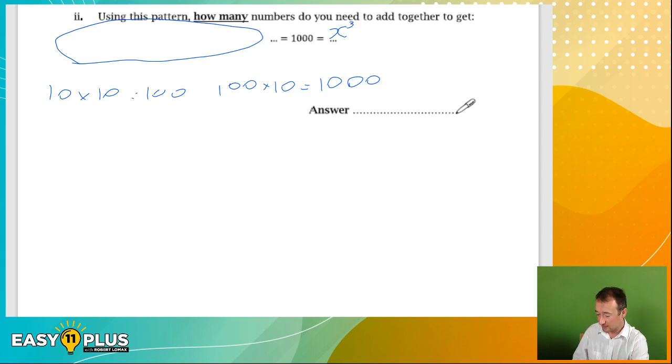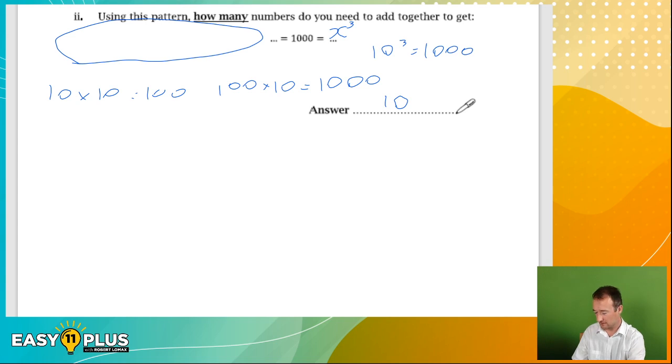So, in fact, 10 cubed is 1,000. So let's just write that out clearly, so we're showing some clear working. 10 cubed equals 1,000. And therefore, how many numbers do you need to add together to get this row of this pattern? The answer is 10 numbers.